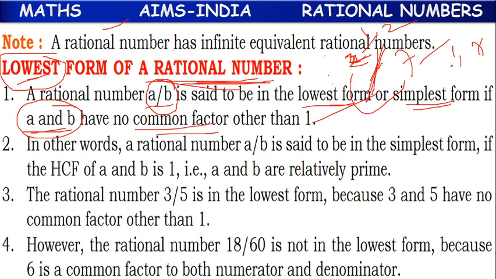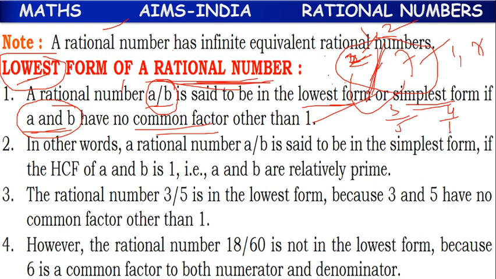Common factor is 1. It means they are not divisible by any other number other than 1. So they are said to be co-primes. Then we can tell that the given rational number is in the lowest form. So 2 by 7 is the lowest form of the rational number. We cannot simplify it further. Similarly 3 by 5.